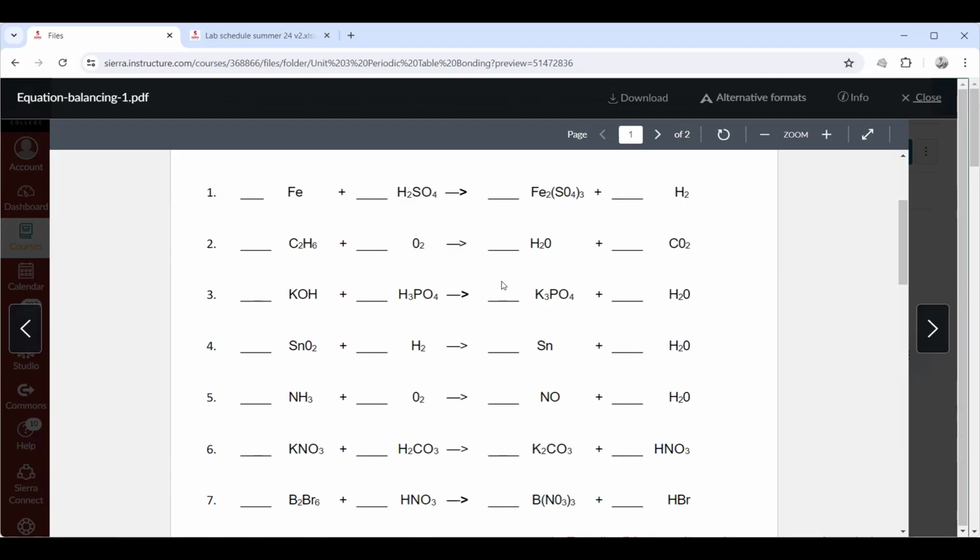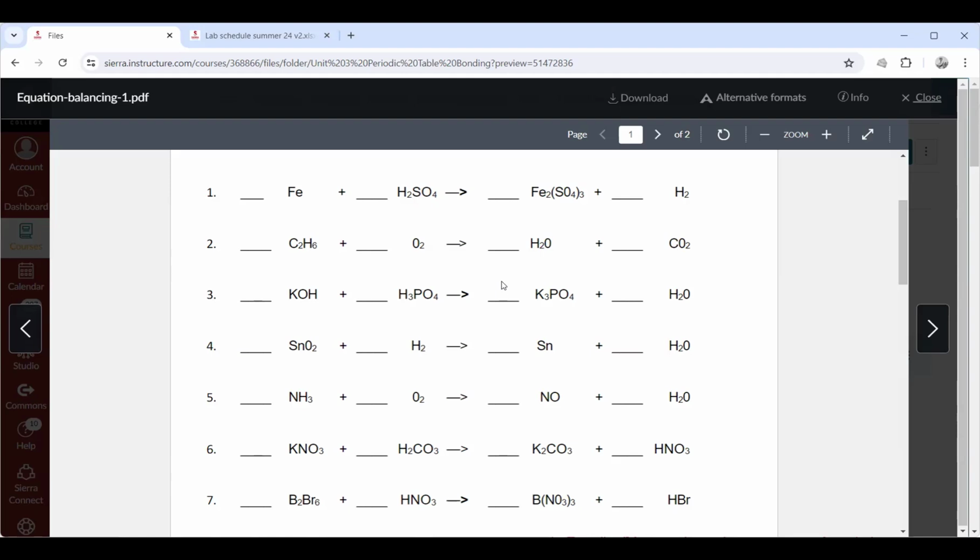So what the parentheses means is there are 3 SO4s. SO4, SO4, SO4. That's why there are 3 S's. And then there are 12 oxygens, though, not 6. Each SO4 has 4, and you have 3 of them. So 3 times 4 is 12.